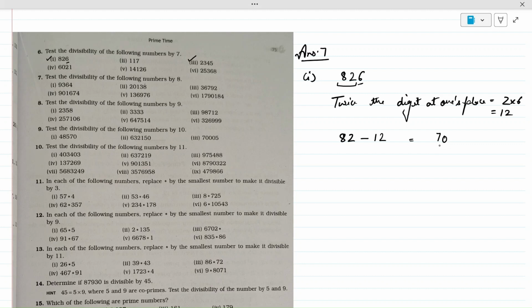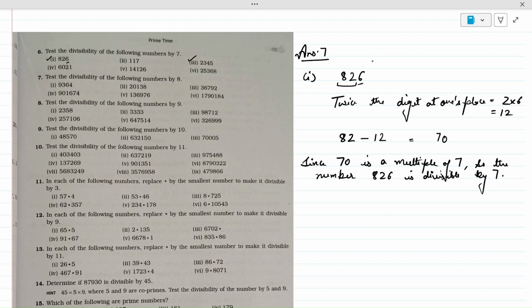Now this number which we get here should either be 0 or a multiple of 7. And we can clearly see that 70 is a multiple of 7. So we will write, since 70 is a multiple of 7, the number 826 is divisible by 7, right?